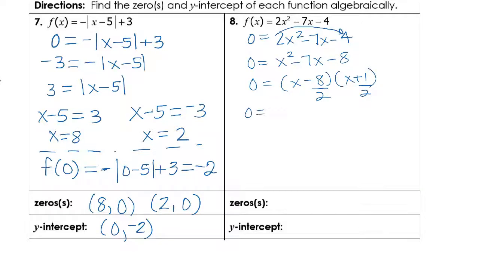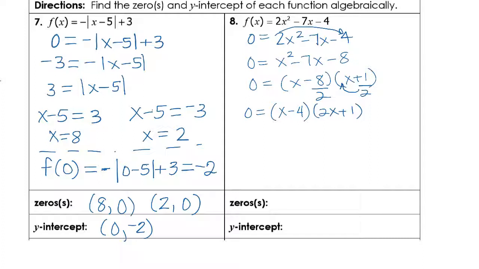So I have 0 equals x minus 4 because that 8 over 2 will reduce. And then over here, let's move that 2 up. So I'm going to have 2x plus 1. Questions about the factoring? You are more than welcome to factor this by trial and error, and I'll do the next one with trial and error as well.